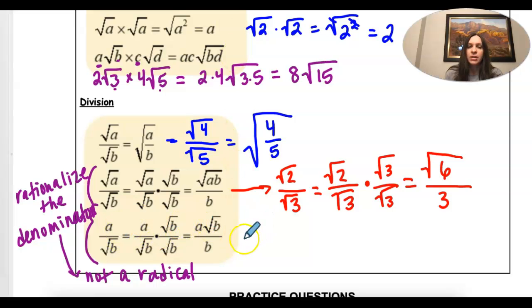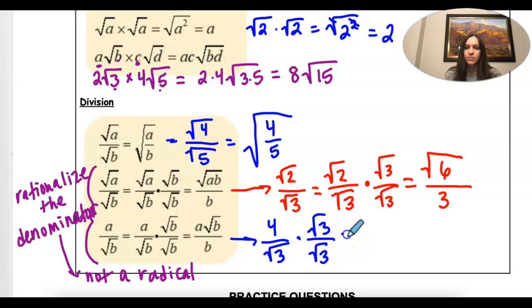Let's do another one. Let's say I just have a number on the numerator, and then I have a radical on the denominator. So we don't want a radical on the denominator, so we're going to rationalize it. So right here, I'm going to multiply by the denominator, and I have to do that to both the numerator and the denominator.